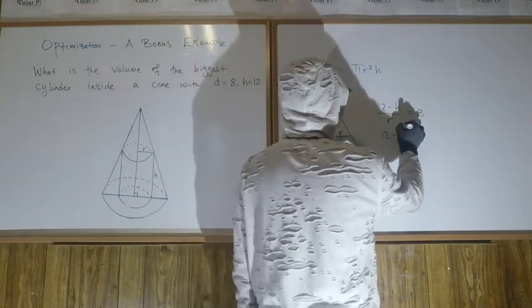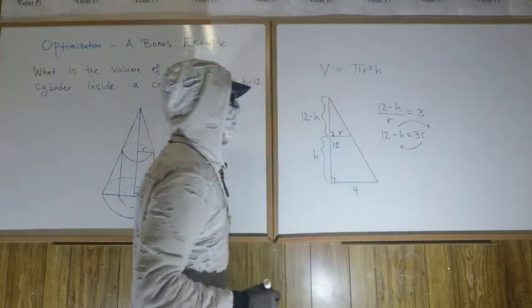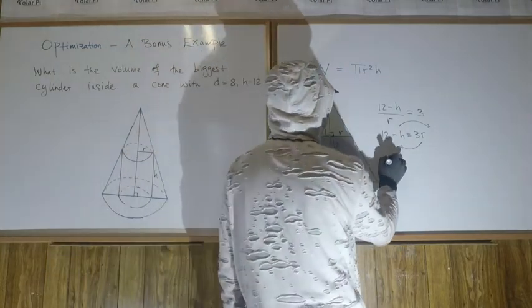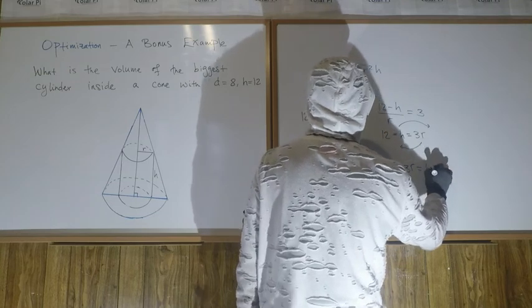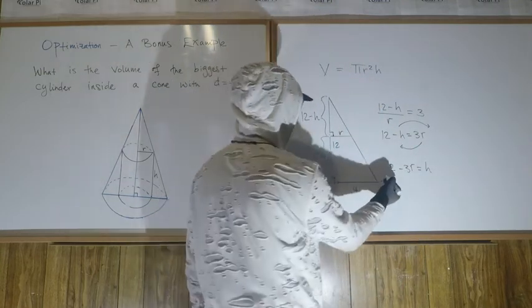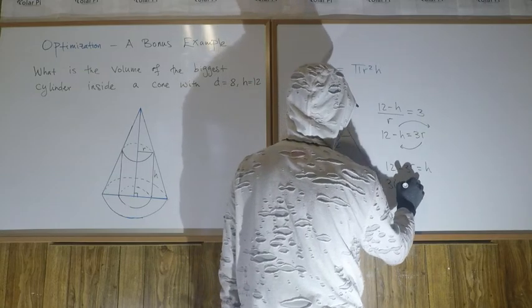So what we're going to do is add h to both sides and then subtract 3r from both sides. So we write that 12 minus 3r is equal to h. Got it. And notice that here we could factor out a 3 and write h is 3 times 4 minus r.